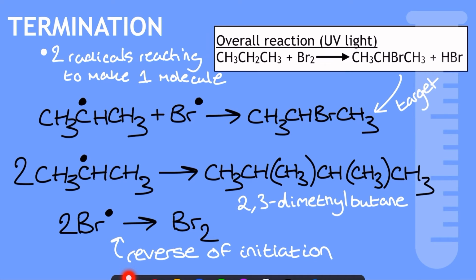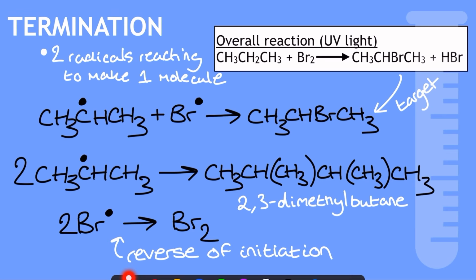This means when two of this radical react together, they form a covalent bond specifically between those carbon atoms. So we don't just form a covalent bond at the end here and end up with one hexane chain. Instead, we have two molecules of this radical reacting together and they form a bond at their middle carbon points just here. And the product is 2,3-dimethylbutane. Draw it out to have a look.